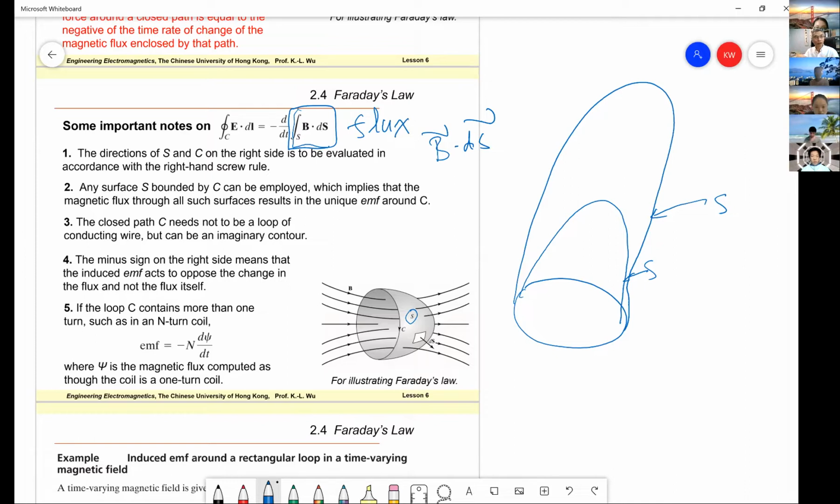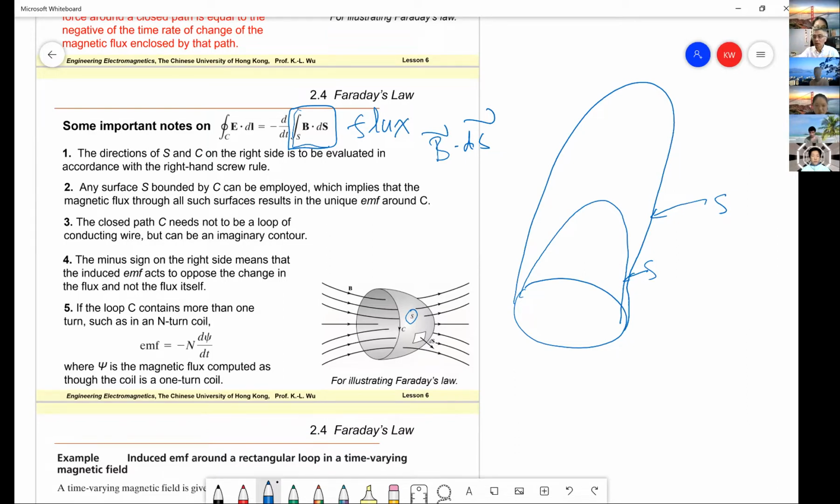So when this flux increases, that means from this time instant to the next time instant, the flux is larger than at this time instant, so that means it increases, right?